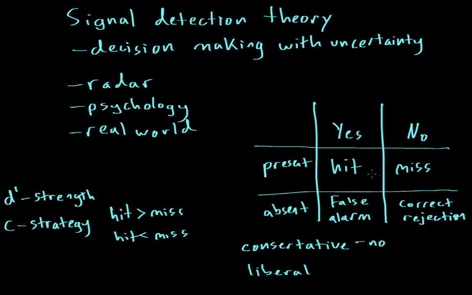The bad thing about that is that even though you'll get all the correct rejections, you might also get some misses. On the other hand, you can have a liberal strategy where you always say yes, and in that case, you'll always get all the hits. However, you might get a few false alarms. So these are the two different strategies that you can use. This would be strategy, and this would be the strength: d prime and C.